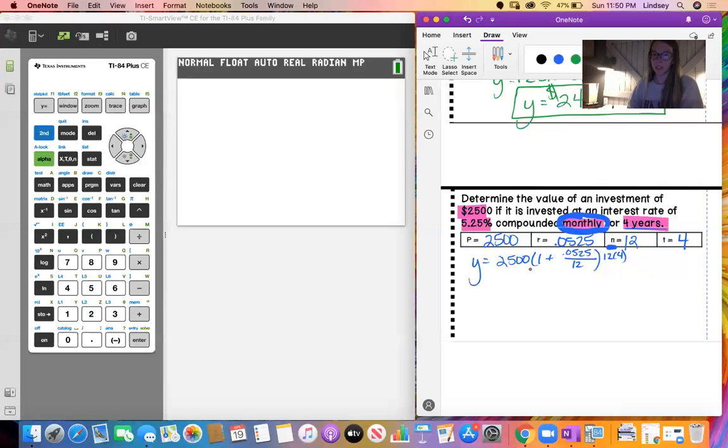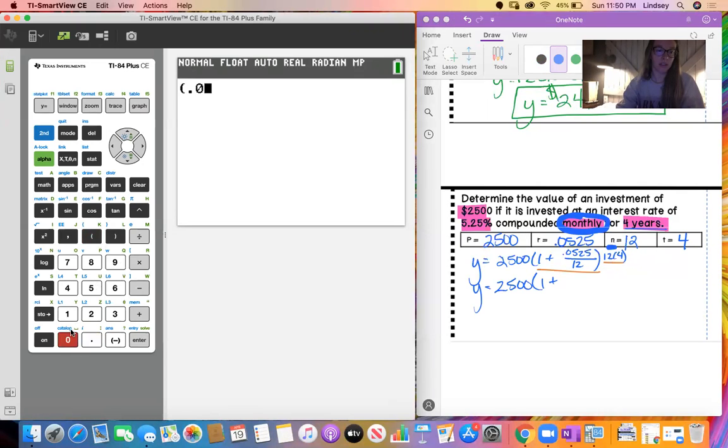So I need to do my parentheses first, and then I also need to simplify this exponent. Okay, so I have y equals 2,500 times 1 plus, let's do this little bit right here. So I have 0.0525 divided by 12. Okay, and then so that's what that equals.